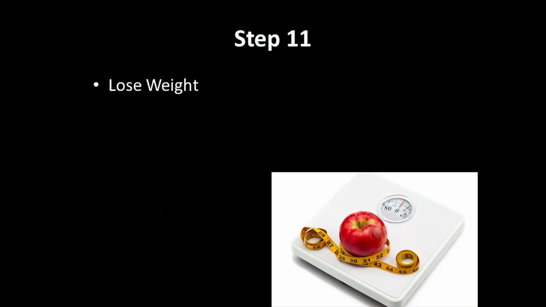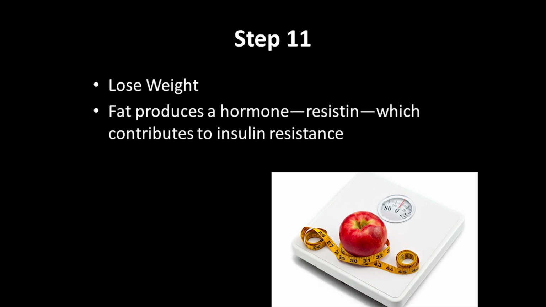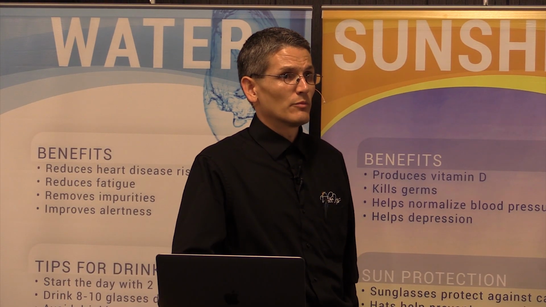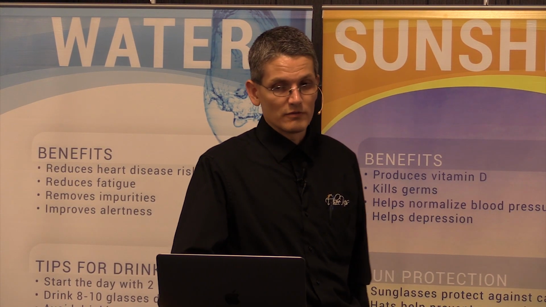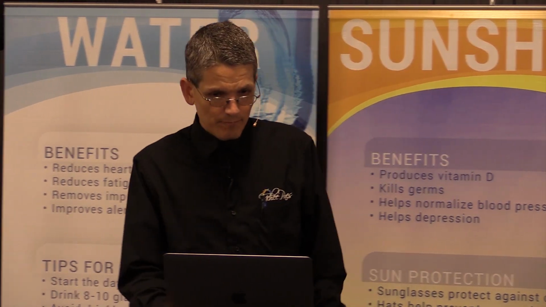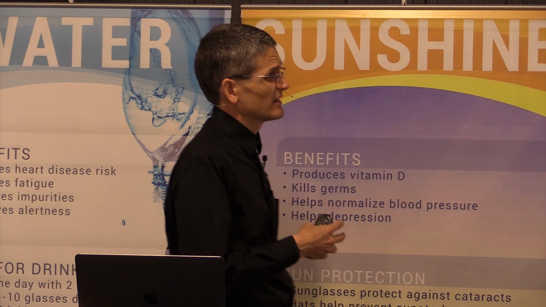Also, step number 11, you want to lose weight. That's important. Fat produces a hormone called resistin, just like it produces a hormone called leptin, which is involved in blood pressure. We'll talk about that next, I believe. It produces this resistin, and resistin contributes to insulin resistance.